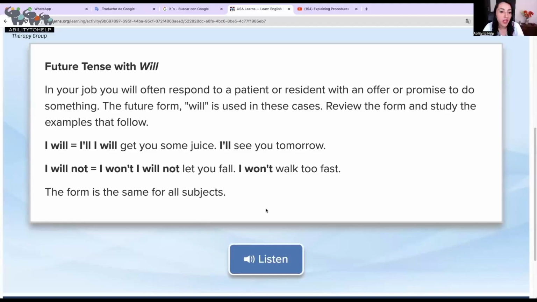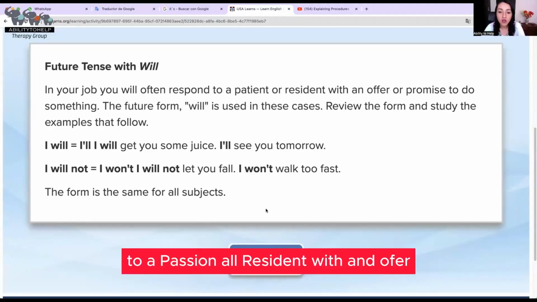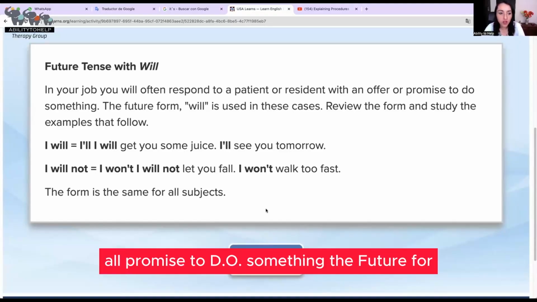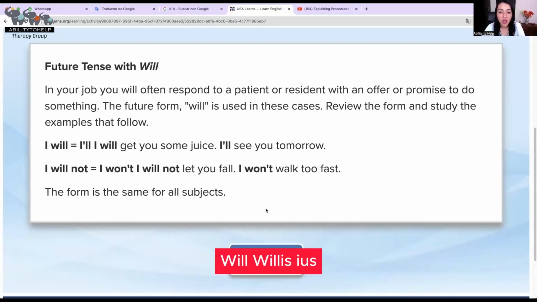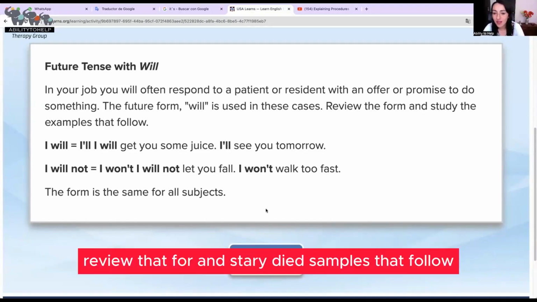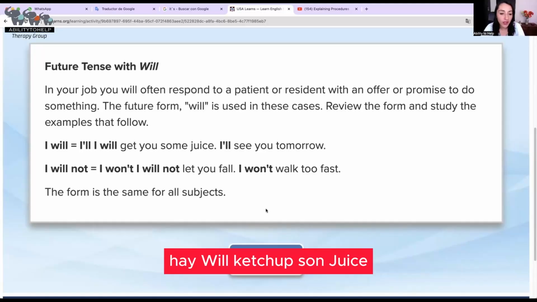Do you remember? In your job, you will often respond to a patient or resident with an offer or promise to do something. The future form is a promise. Will is used in this case. Review the form and study the examples that follow. I will get you some juice.